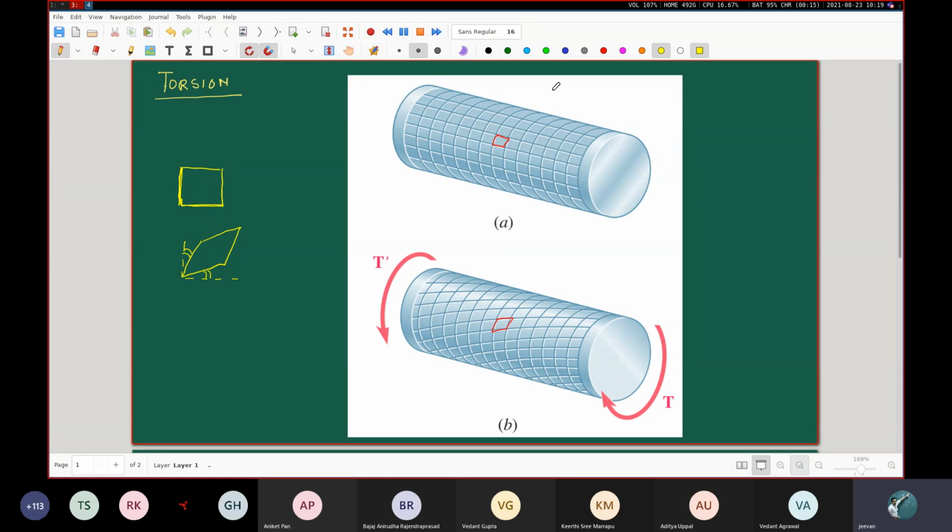Now you see this figure here compared to this figure is not quite different. The only difference is that these two vertical sides are remaining vertical. It is the horizontal edges which are becoming like this.